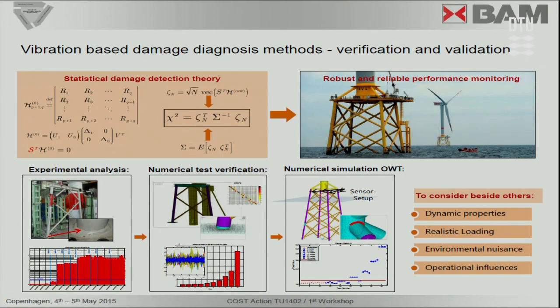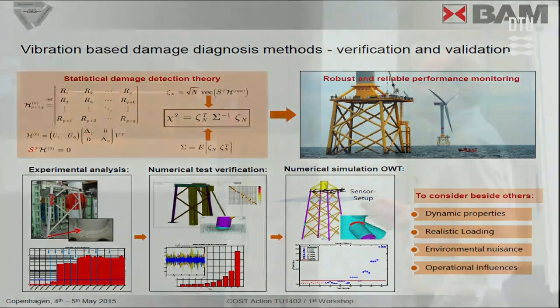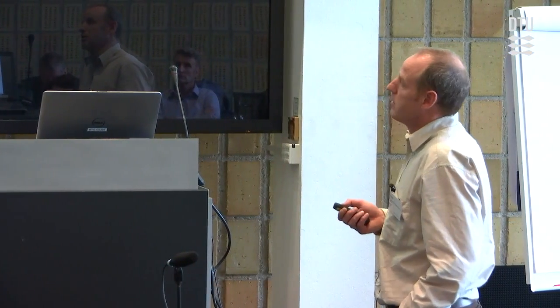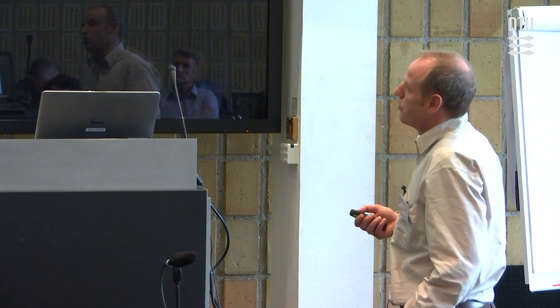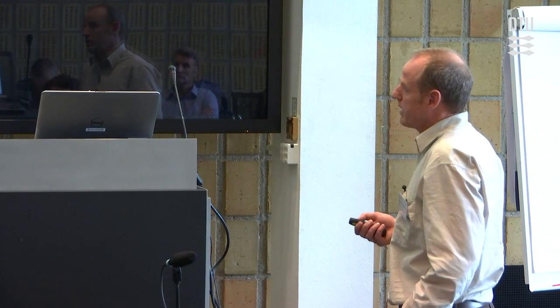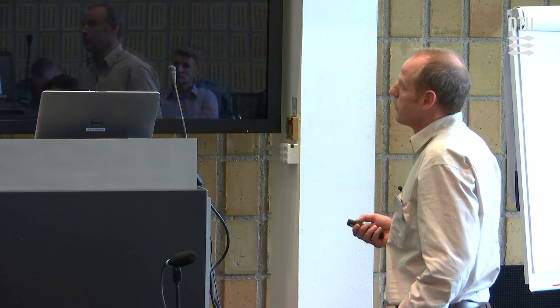Then, in the second step, we numerically modeled this lab test structure and tried to reproduce the results in a transient analysis, to figure out if we are able with our model to reproduce the lab test results.